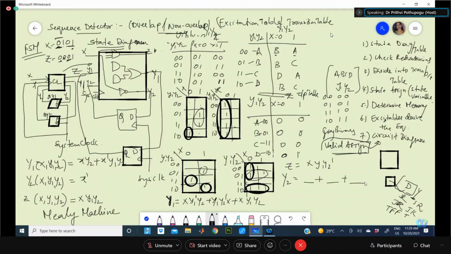Okay. So which order of assigning is a valid assignment for this example? See, binary order, we were getting this as the circuit. Gray order, if you are taking, the complexity of y1 and y2 equations is more. No? y2 you are getting 3 minterms and y1 you are getting 3 minterms. Whereas here, y2 it is only one term.